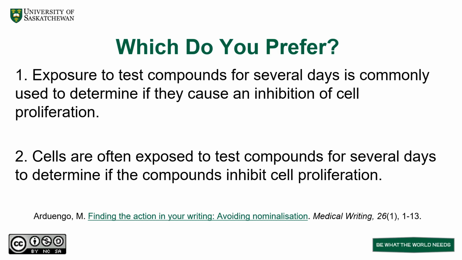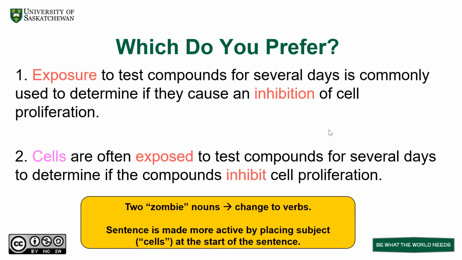example. So if you are leaning toward that second example, then it might be because you really like active sentences. So this is an instance where in the first example, we have this concept of nominalization that is present. Another way of thinking of nominalization is to think of nouns as zombie nouns.